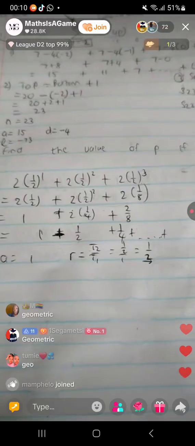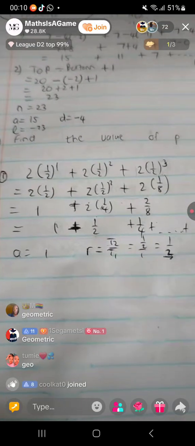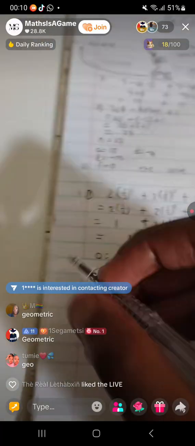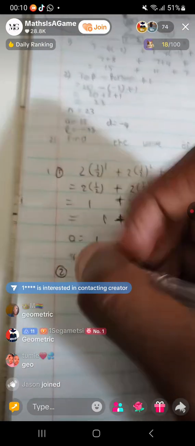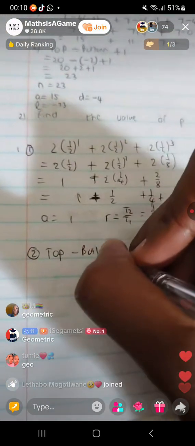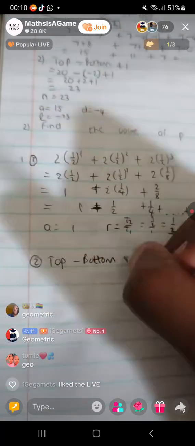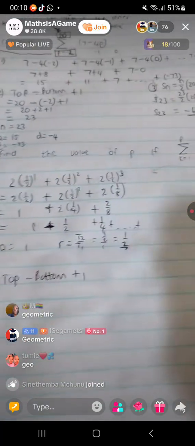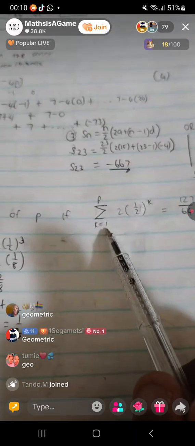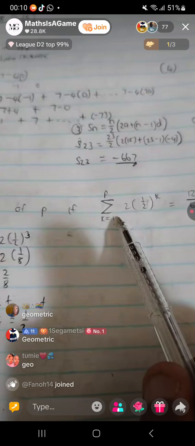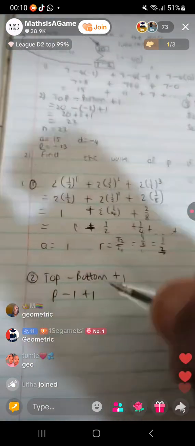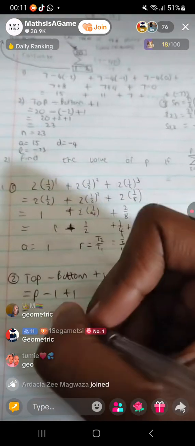So all in all, we have r, we have a, then we need one last thing, n. So step number 2, to get that n, we say top minus bottom plus 1. So we're going to say p minus 1 plus 1. That gives us p.